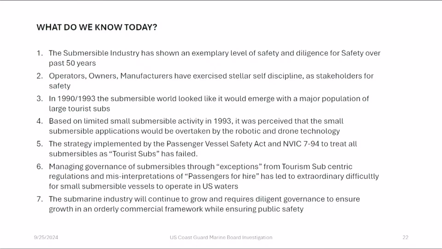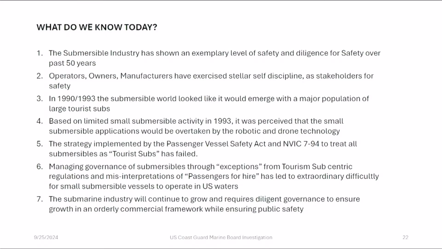What do we know today? The submersible industry has shown an exemplary level of safety and diligence for safety over more than 50 years. Operators, owners, manufacturers have exercised stellar self-discipline as stakeholders for safety. In 1990, 1993, the submersible world looked like it would emerge with a major population of large tourist subs.